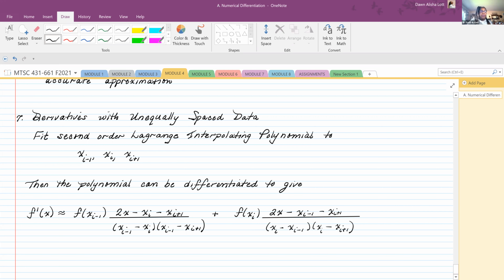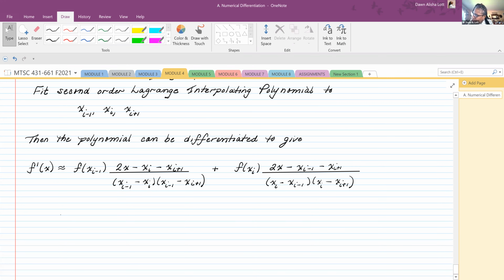And then you have the third one. And I just don't remember doing this, it's nasty, but f of x i plus 1, and then that is times, I think I'm wrong.